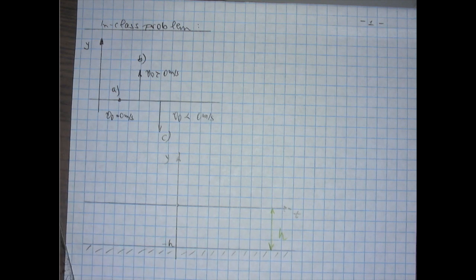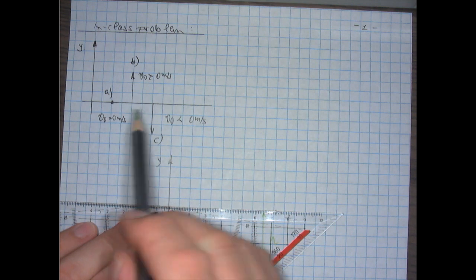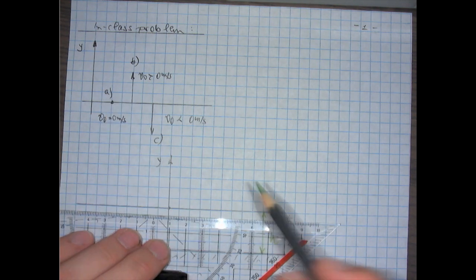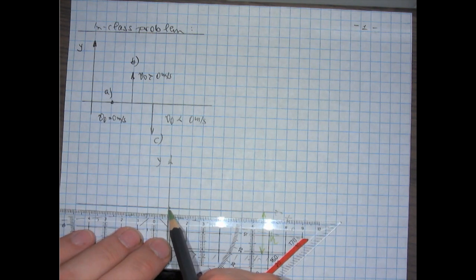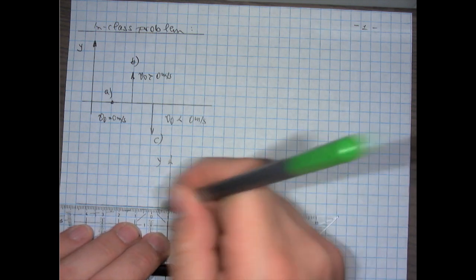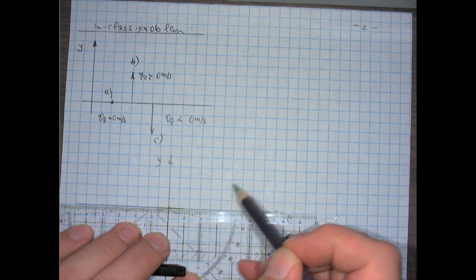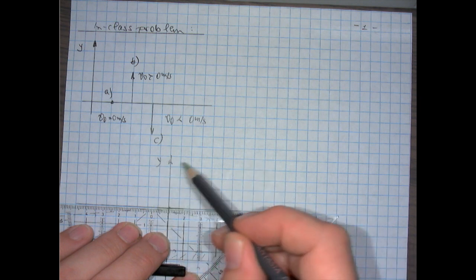Okay, so now for the first case here, the initial velocity is 0. Now I have to draw a location versus time graph. Therefore at t equals 0, the slope is 0. Zero slope here. Then in addition to that, I know I have to sketch now a parabola, but I can sketch a parabola upward or downward.